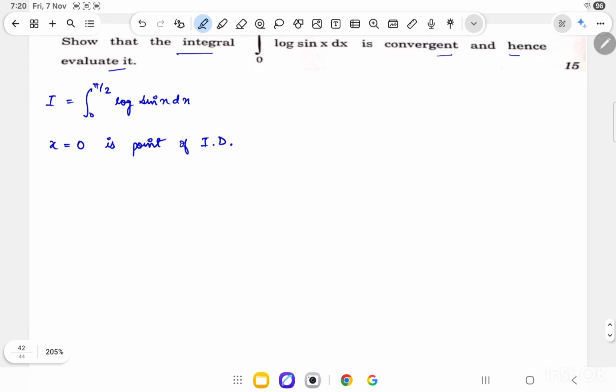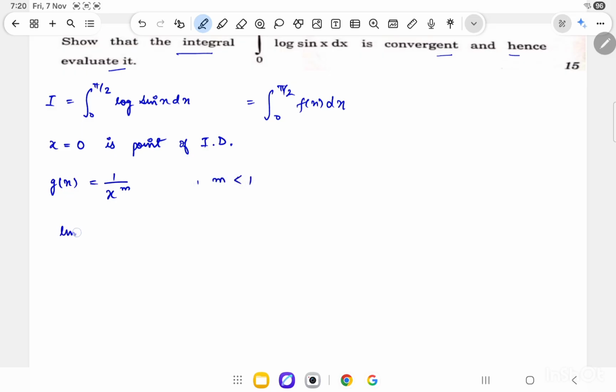Also at x equals to 0, my function f(x), in the integration from 0 to pi by 2 f(x) dx, basically approaches minus infinity. So I'll be using minus of f(x) to apply the limit comparison test. Let's assume a g(x) function as 1 by x raised m, where I am assuming m is less than 1.